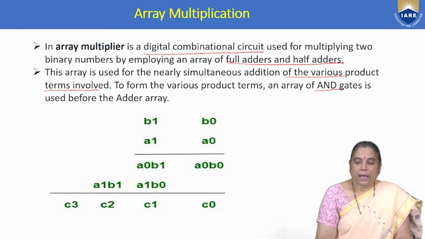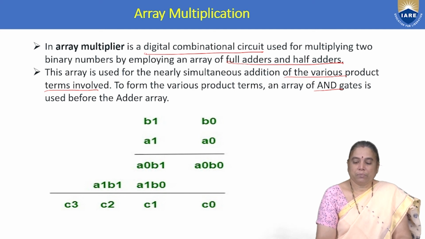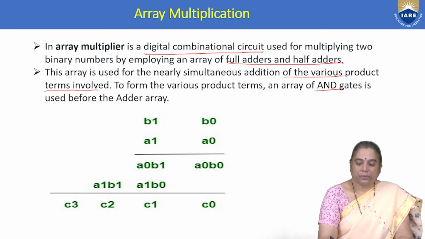So the array multiplier is a digital combinational circuit that uses AND gates, full adders and half adders. How does this array multiplier perform the binary multiplication? Consider two numbers.